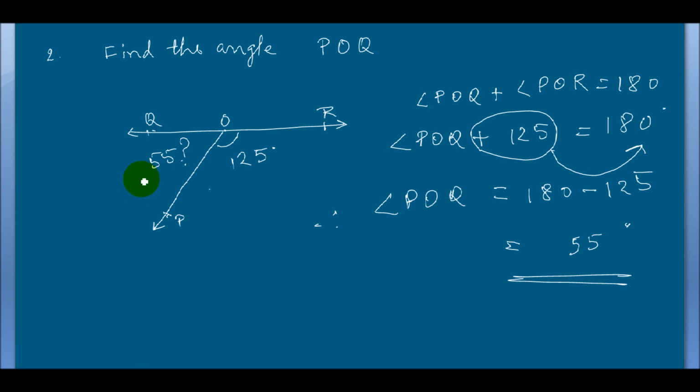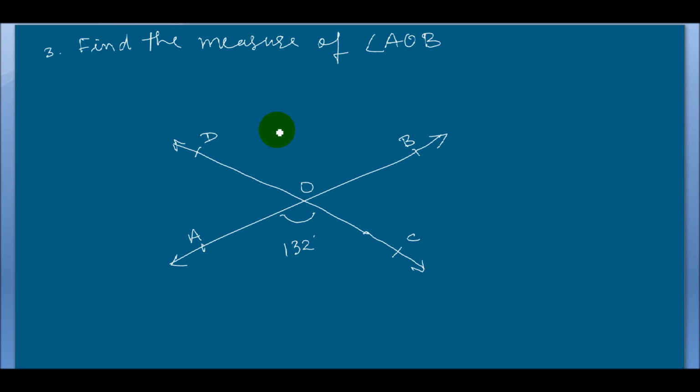I am explaining the next sum. Find the measure of angle AOB. That means you have to find the total of this angle. Now first of all we can find this angle.